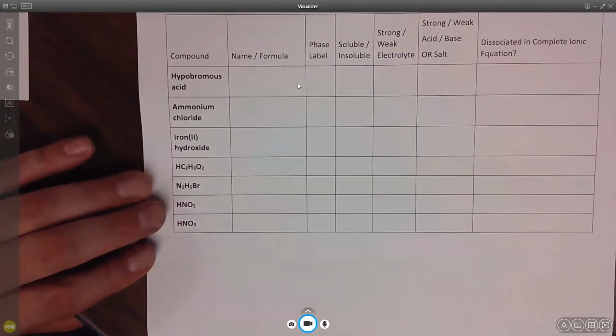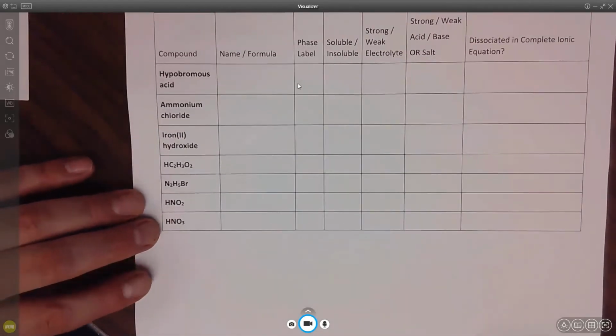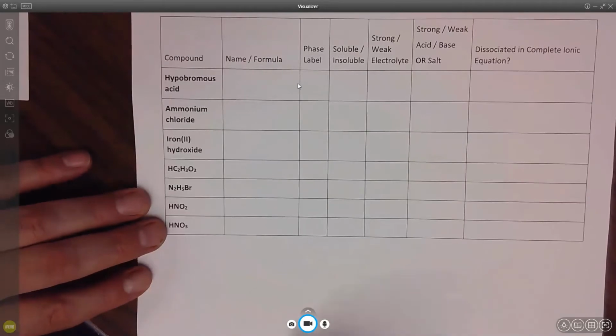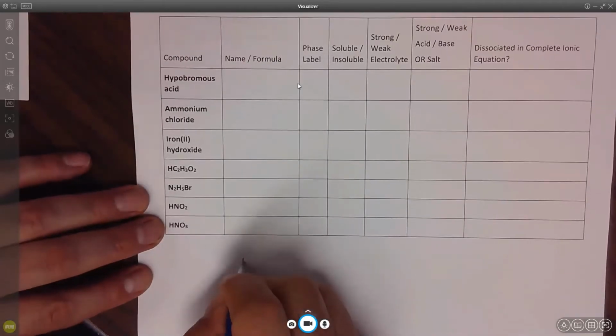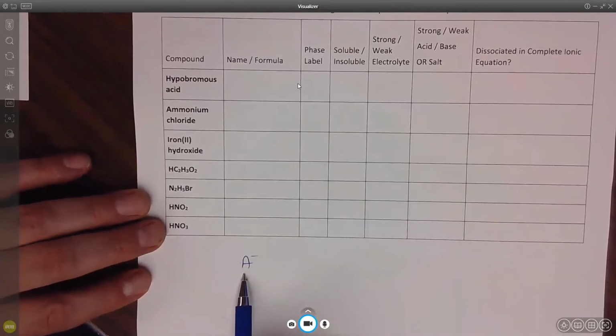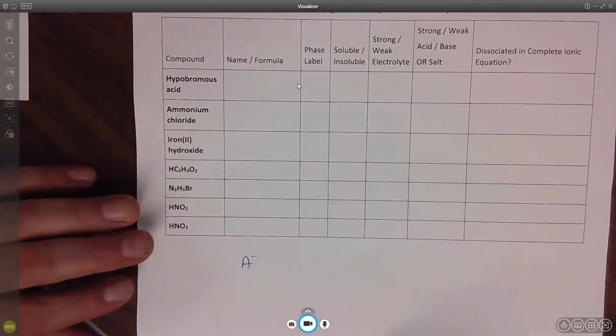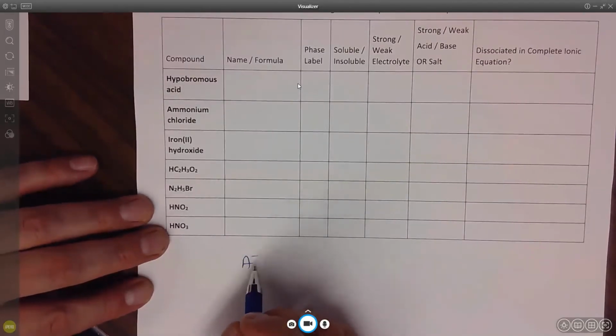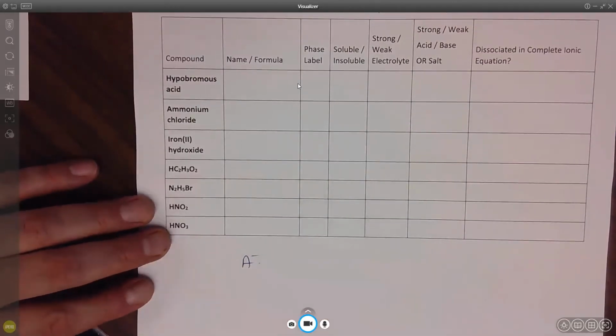So again, very quickly to review how to name acids. Basically, an acid has an anion, whatever that is. It could be a chloride, or it could be an oxygen-containing polyatomic ion. But all of these anions end in one of three things.